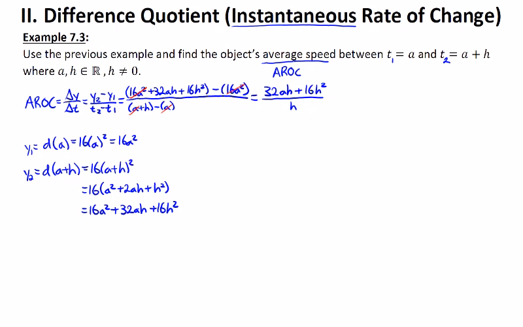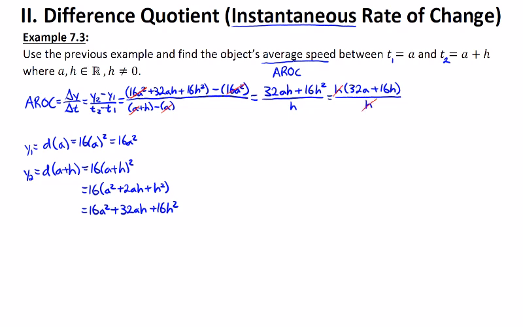If you look at the numerator, there's a common factor of h there. So this is going to say h times 32a plus 16h, all divided by h. Once you factor out the h, then you will have the ability to cancel that out across your quotient.